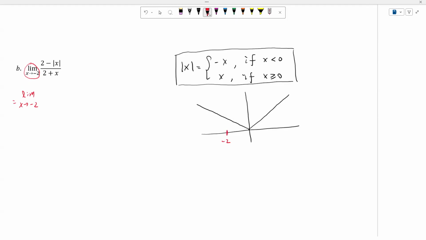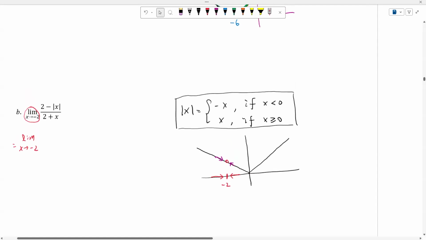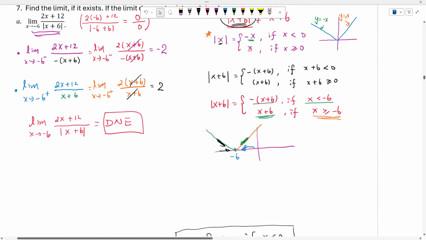Negative 2 is here. From the left and from the right, we are working with the same function, isn't it? This is the same function. So in this case, we don't need to separate them like the previous example.